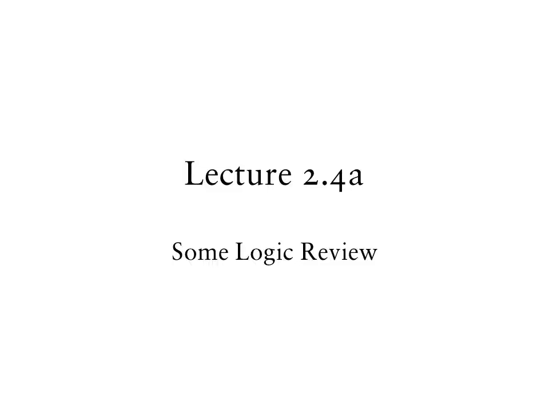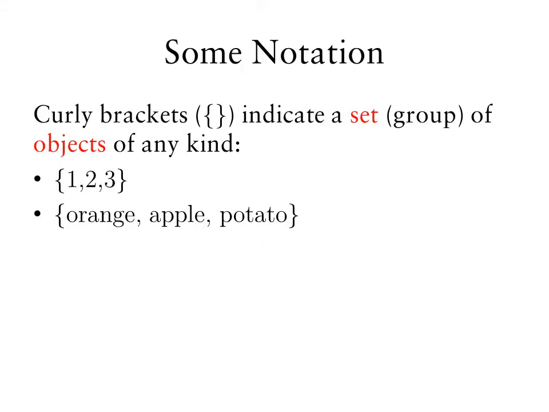I'm just going to go over a quick review of some of the basic terms and concepts in predicate logic. So, curly brackets indicate a set of objects of any kind. What's a set? A set is just a collection of objects, basically.